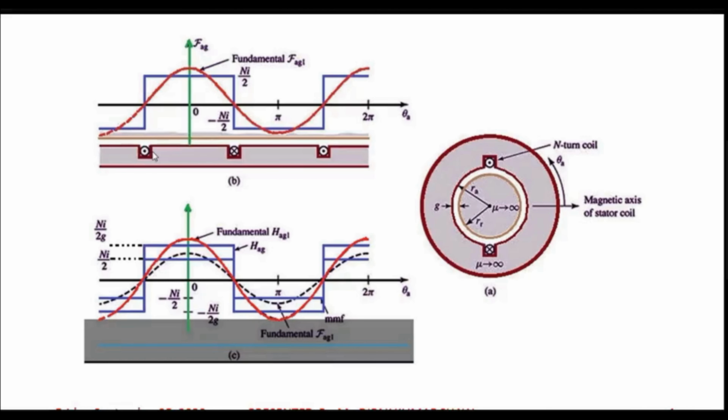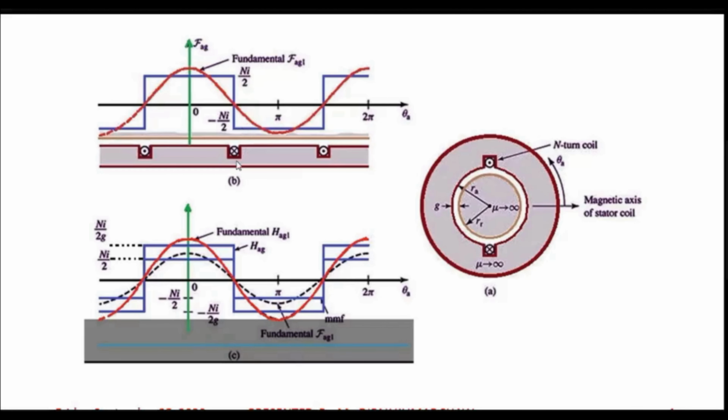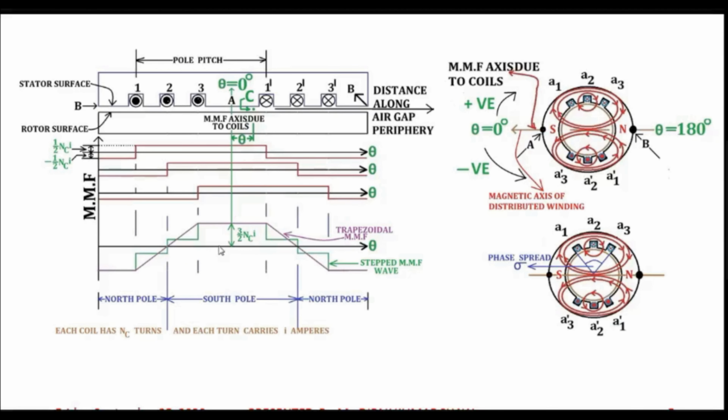But if you compare the sinusoidal MMF wave with this trapezoidal MMF wave, it is not sinusoidal, agreed, but it is very near to the sinusoidal approximation compared to this rectangular MMF wave, isn't it? So that's why we go for distribution of coils along the stator core periphery.